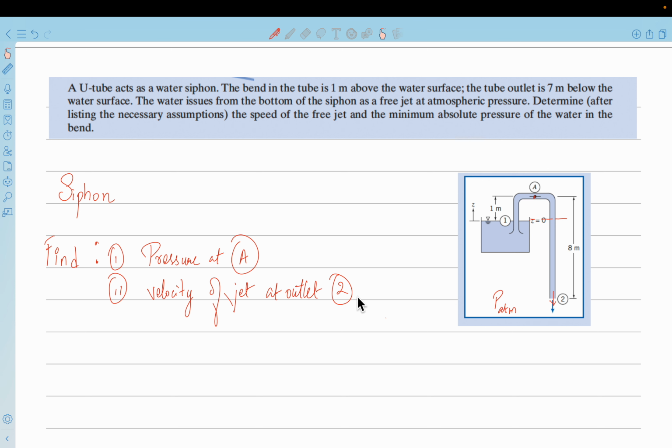The lecture is on using Euler's equation, Bernoulli's equation. So come on, how do we do this? Can we apply Bernoulli's equation?